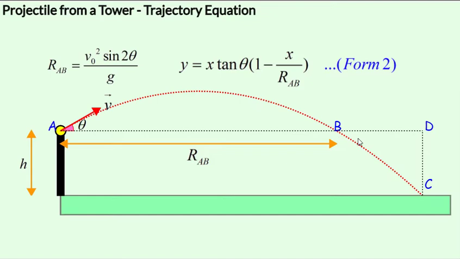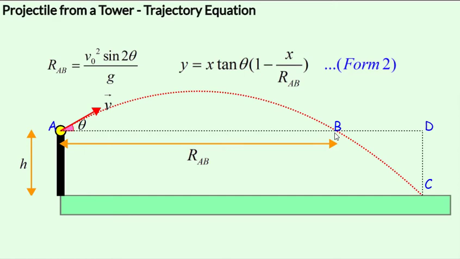And this we can obtain using the range formula as if the projectile was launched from the ground, which is V0 squared sine 2 theta over g. So literally, in computing the range, we treat the part from A to B as if the projectile was launched from the ground at A and it got back to the ground at B.